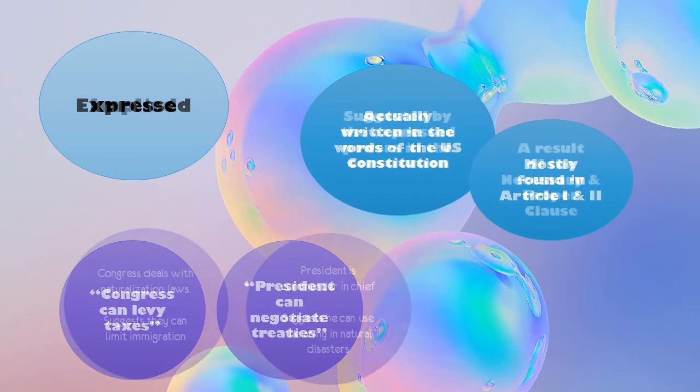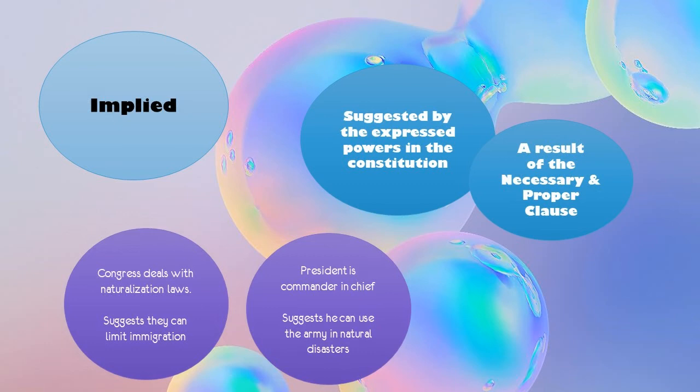Next would be implied powers. These are suggested by the express powers. So the words of the Constitution suggest that these additional powers exist. These powers we've talked about, they come from the necessary and proper clause of the Constitution. So because Congress has the expressed power to deal with naturalization laws, that suggests that they can limit immigration.